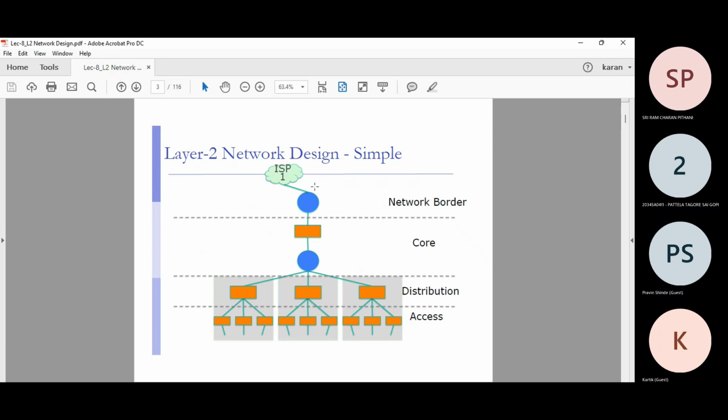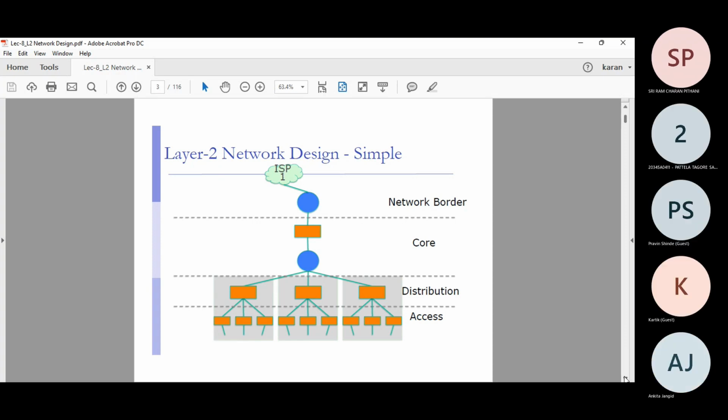After that they use a core router again for customer distribution. The last one is access: access switches, through which customers access the bandwidth from ISP Tata, ISP Airtel. So this is the infrastructure of the internet.